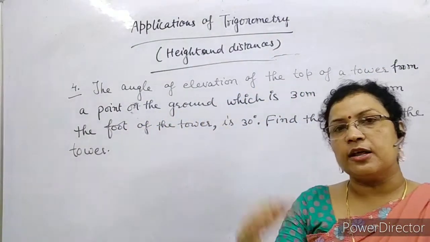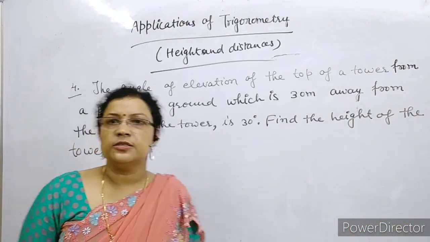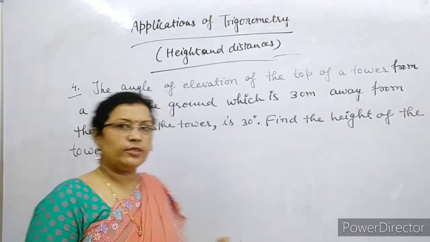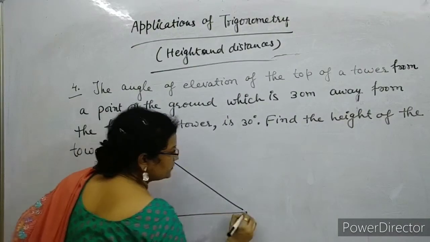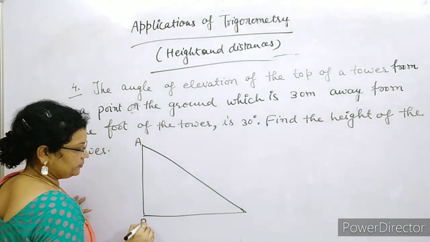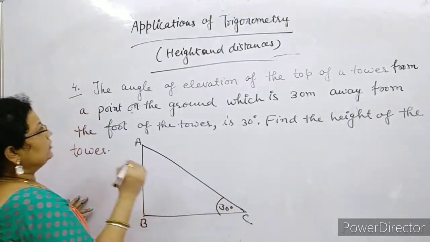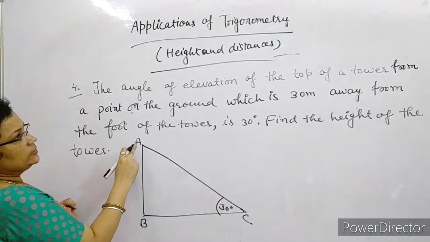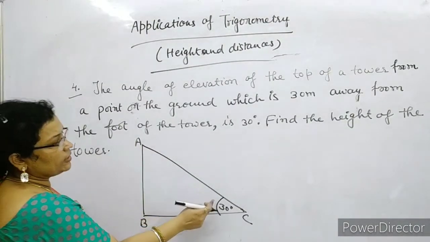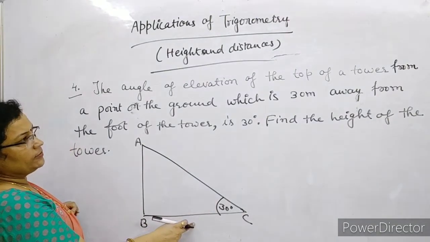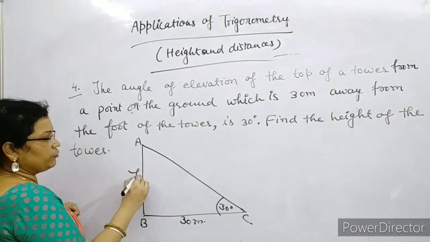The tower is not slanting; in 99% of cases it is straight, the 90 degree perpendicular. The angle is 30 degree, and the point is 30 meter away from the foot. Now we have to find the height.